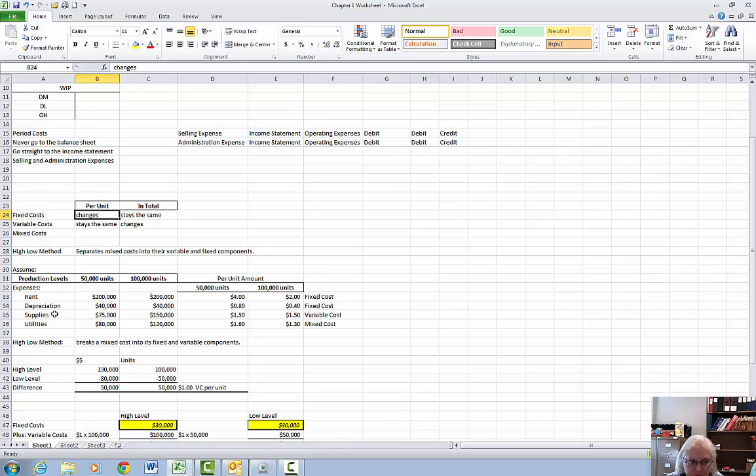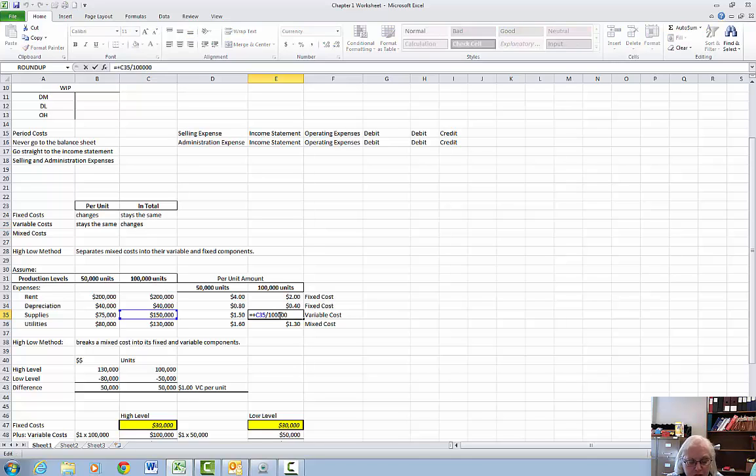All right, supplies are $75,000 if we make 50,000 units, okay, 75,000 divided by 50,000 gives me $1.50 per unit. If it's 100,000 units, we spend $150,000, so the costs are different in total.